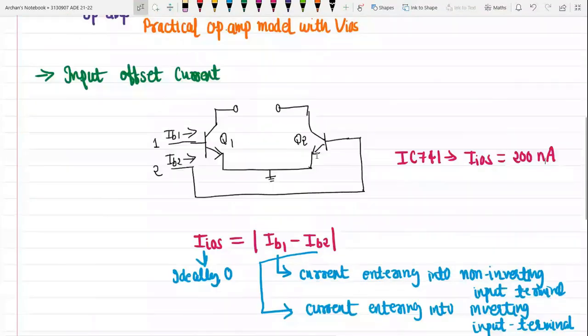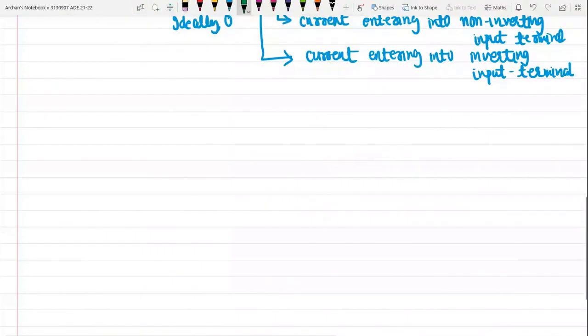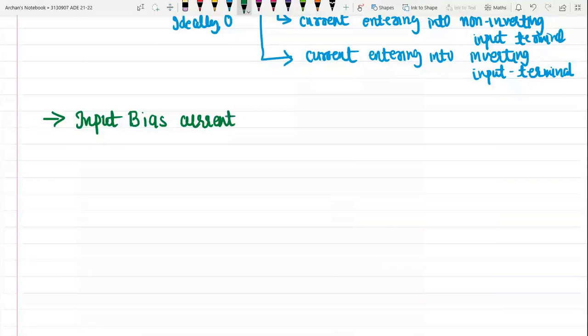Similarly, we have one more current which is known as input bias current. We already have gone through the definition of input bias current.